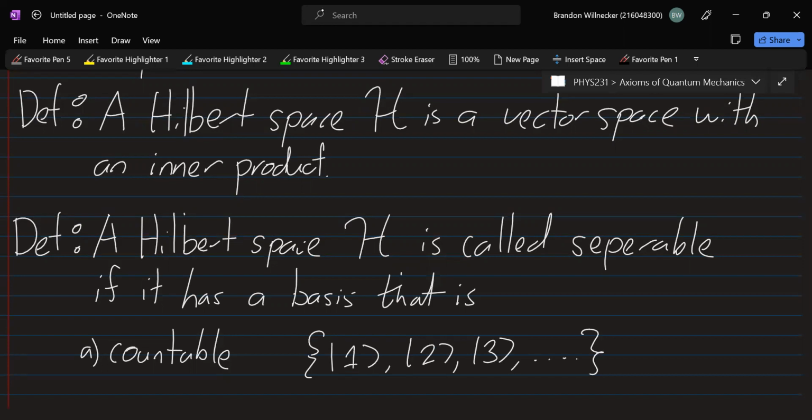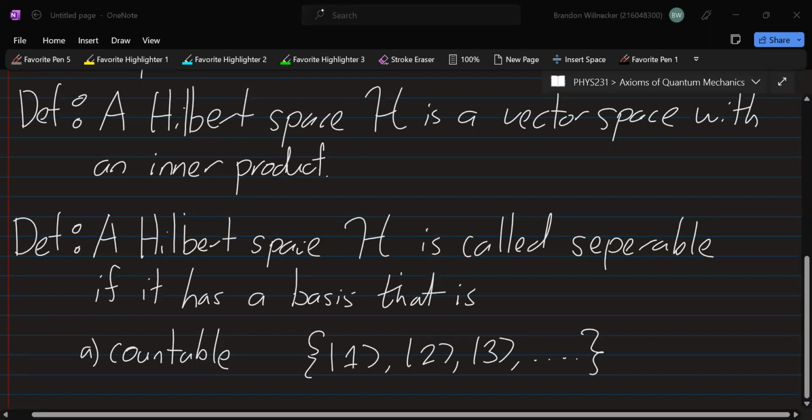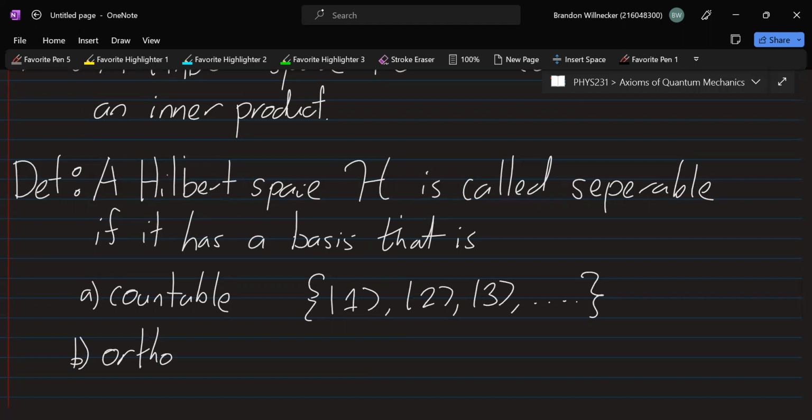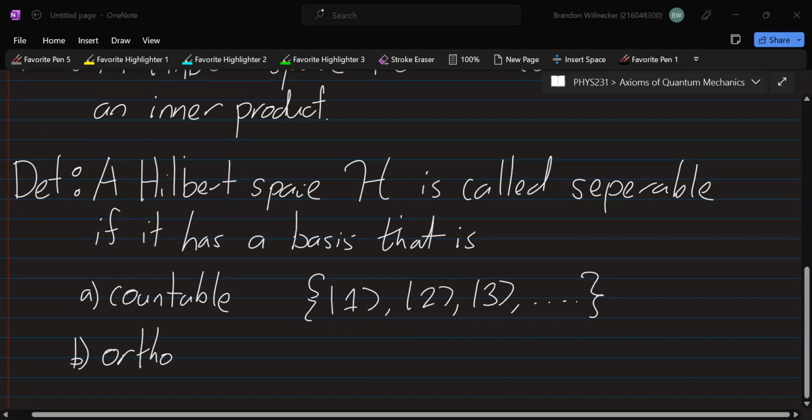It may be infinite, it may be finite, but either way, it has to be countable. And B, it can be orthonormal. If it is not orthonormal, then it can be made into an orthonormal basis. But this basis needs to exist.